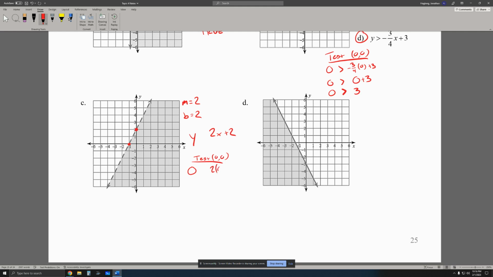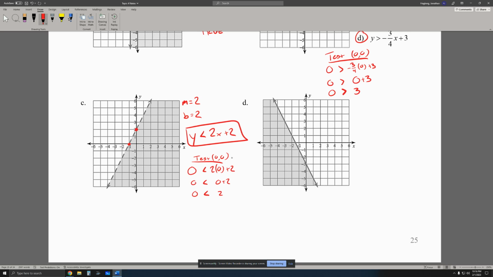We'd have 2 times 0 plus 2, or 0 plus 2, or 2. We want this to be true, so I'm going to say less than here, because 0 is less than 2. And here we can kind of see that the shading is beneath the line.